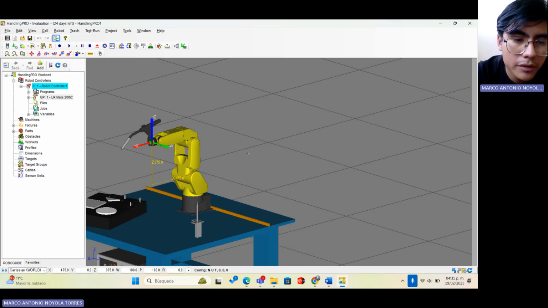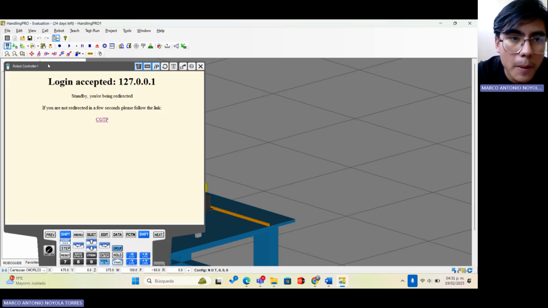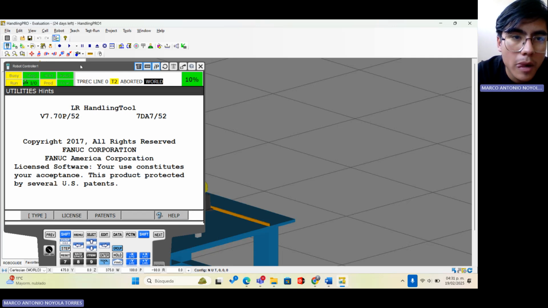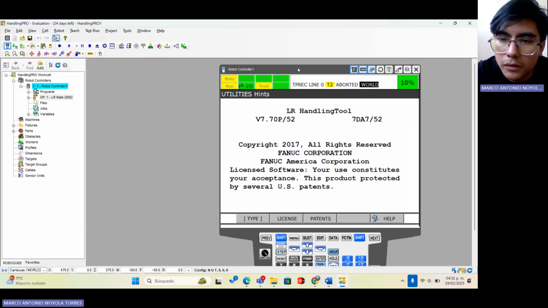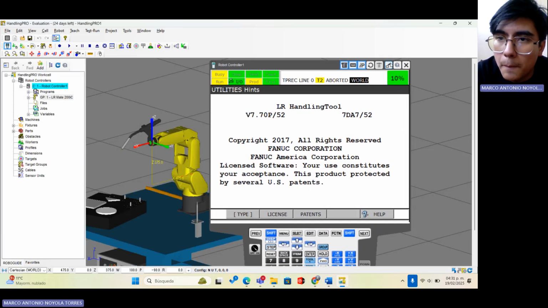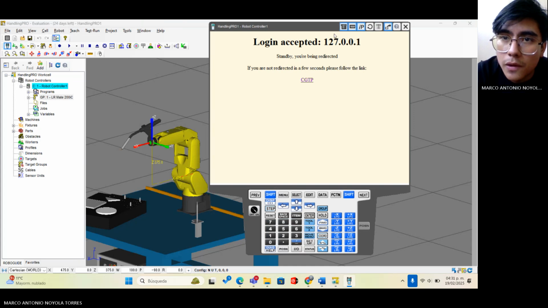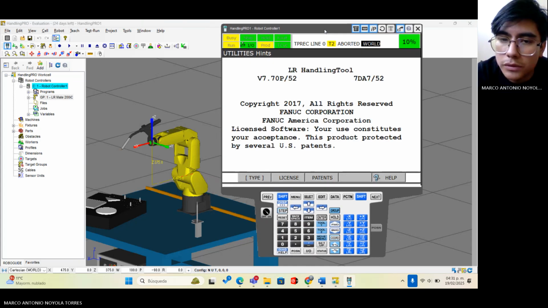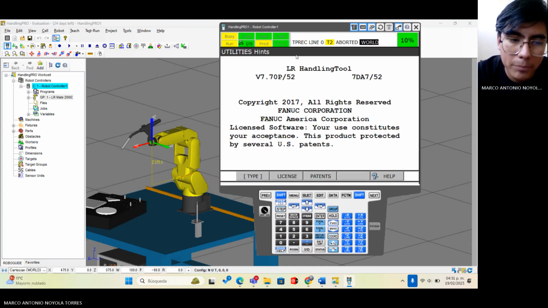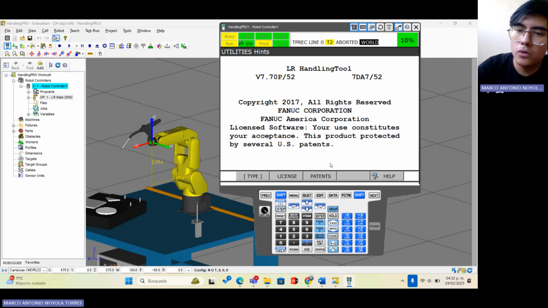In the simulator, the first thing we will do is open the teach pendant. Here is the teach pendant, and now we will see how to change the velocity of the robot.